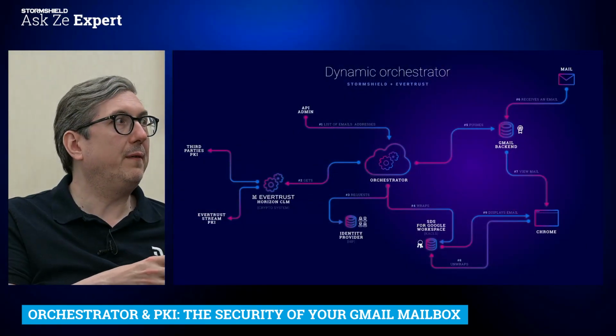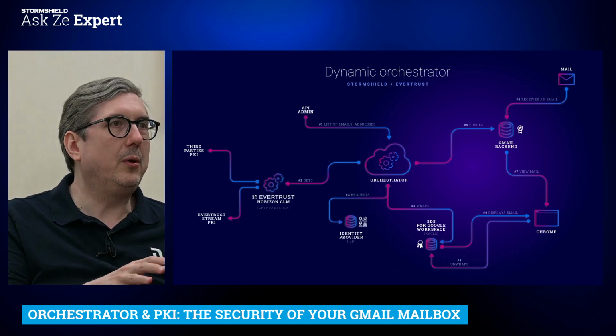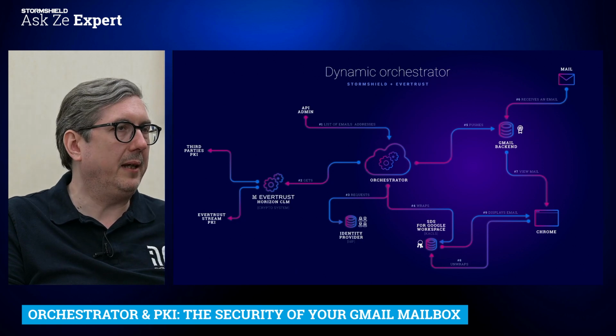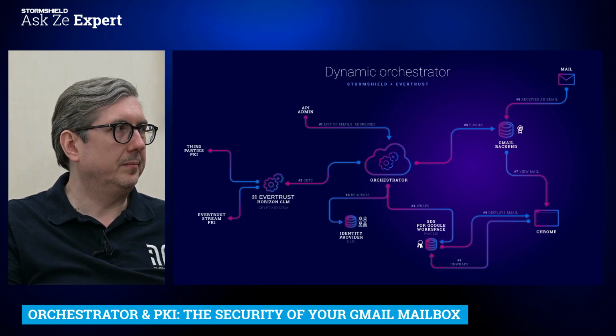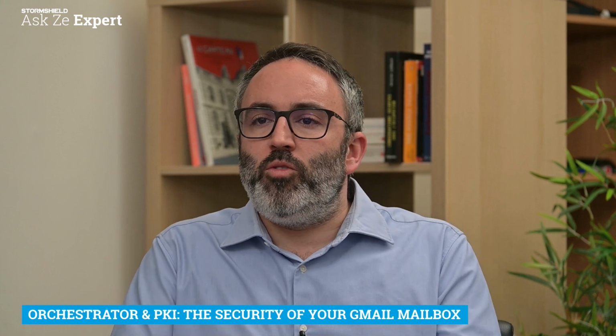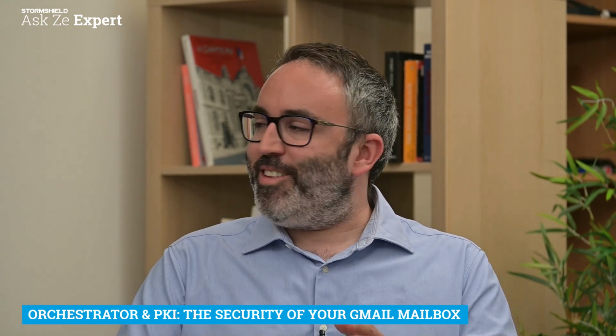We support more than 15 vendors, so in that case, it's just a matter of configuration in order to be able to retrieve the certificate from the existing PKI. Okay, so we can personalize as we want between the different needs we have. Absolutely. I see, thank you.